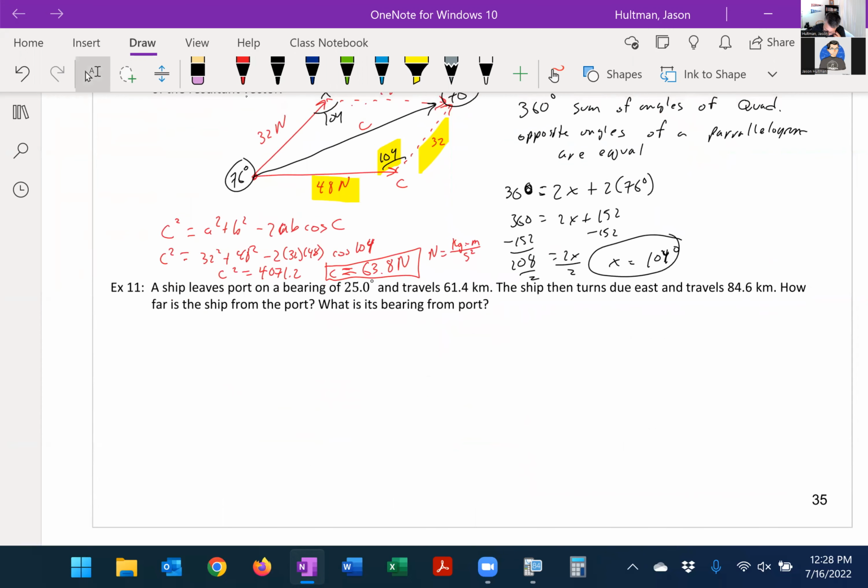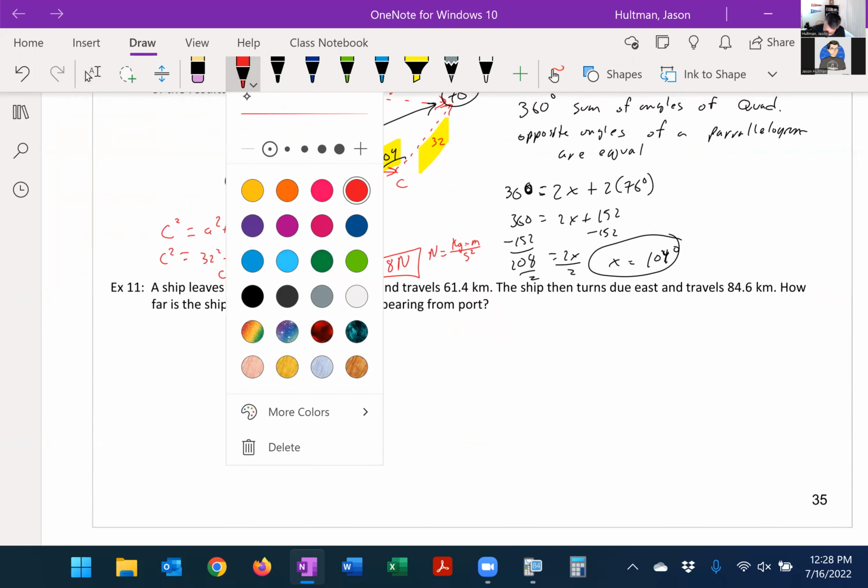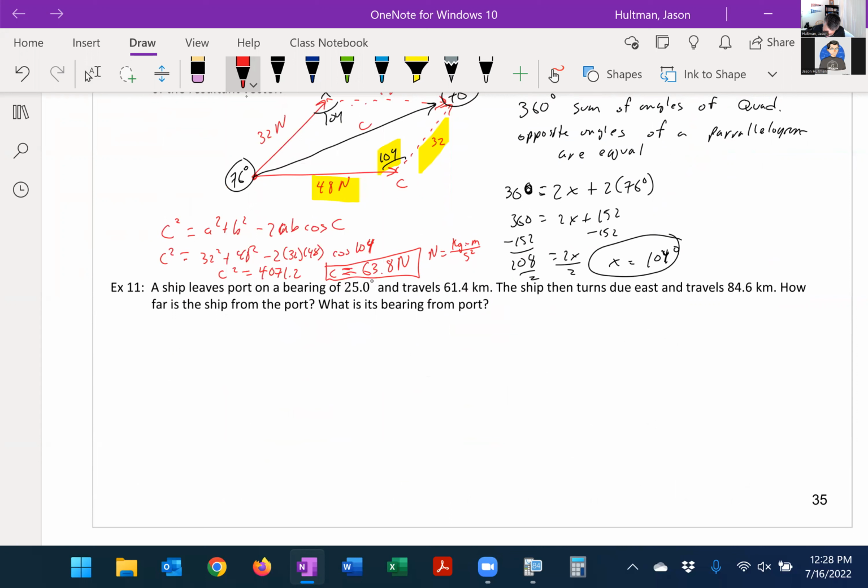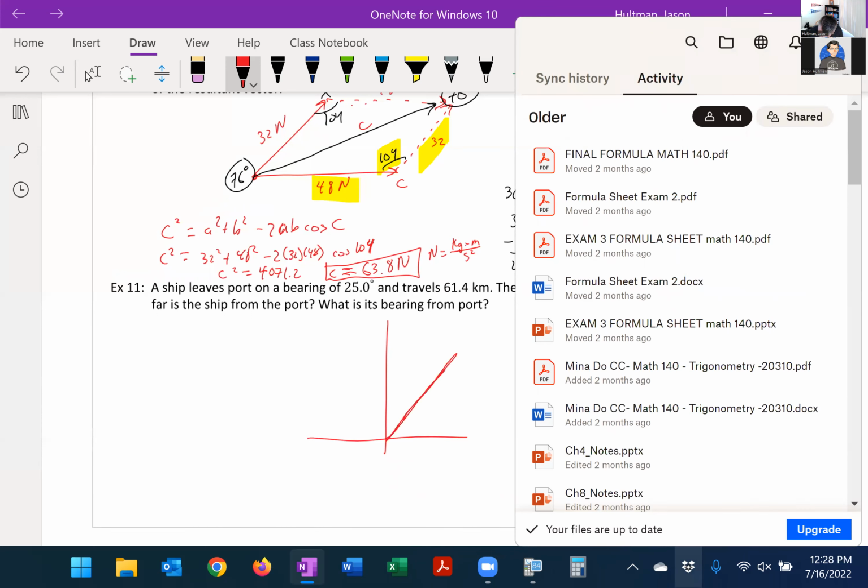Okay, example 11 here. A ship leaves a port on a bearing of 25 degrees. So that's 25 degrees from north.